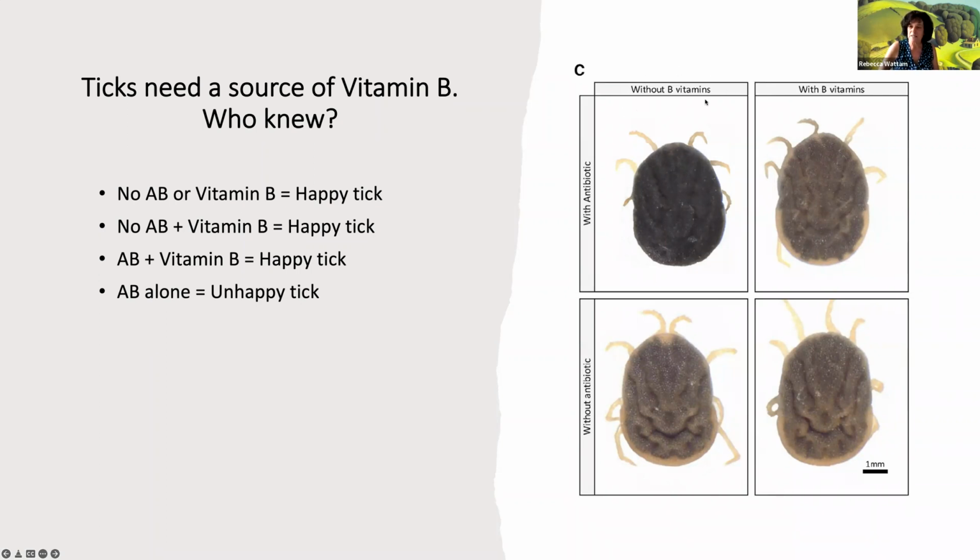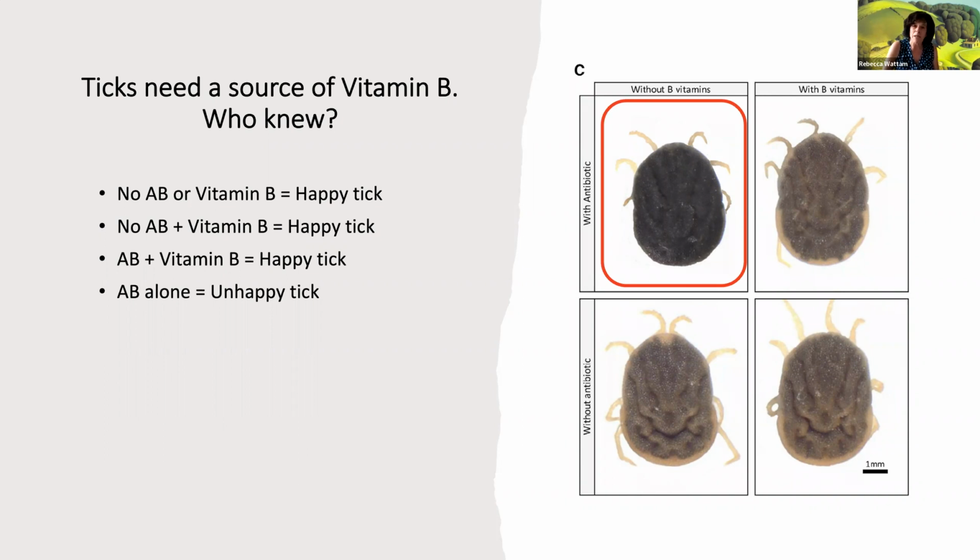Now, in most instances, without the antibiotics, the ticks were fine. With the antibiotics, if you gave them B vitamins, the ticks were fine. But this is a picture of an unhappy tick who is on his way to dying because he doesn't have his B vitamins.